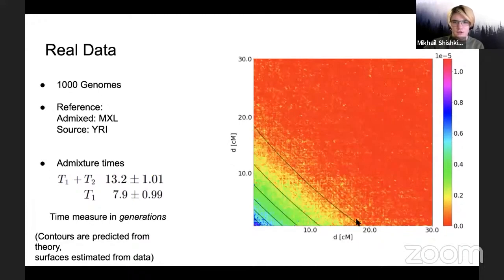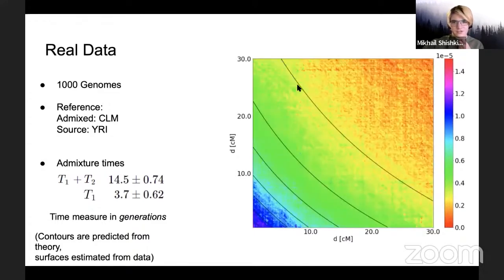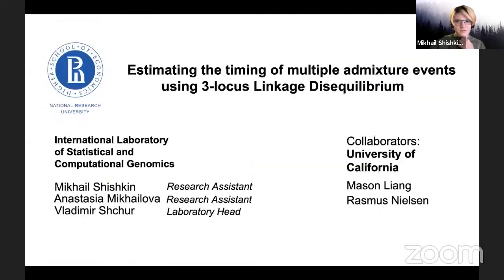So here we have straight contours, and we can't be sure that there were 2 admixture events instead of 1. But here we can see that these contours are not so straight, and we can suppose that there were 2 admixture events in this admixture. Okay, so this is the end of my talk, and thank you for your attention.